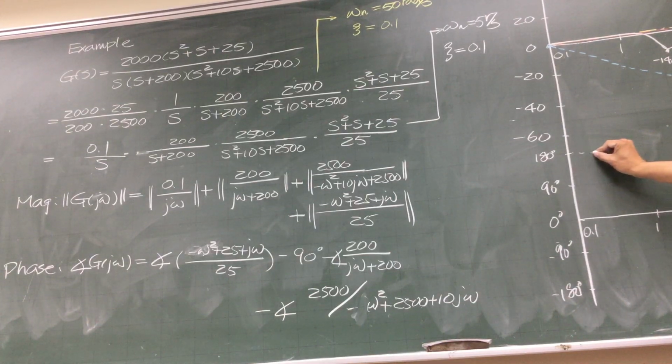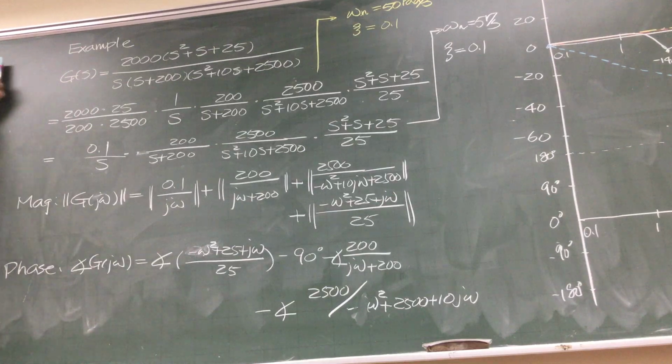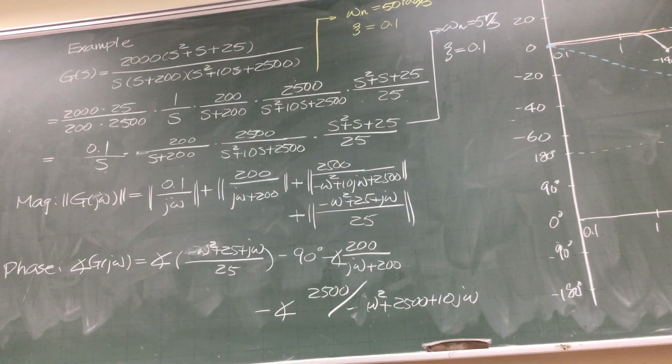So it's going to be ascending to 180 degrees, but we need to know what omega 1 and omega 2 are for the zero, at omega n equals 5 radians per second.